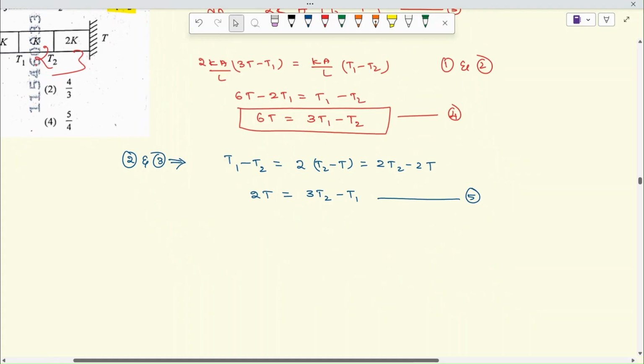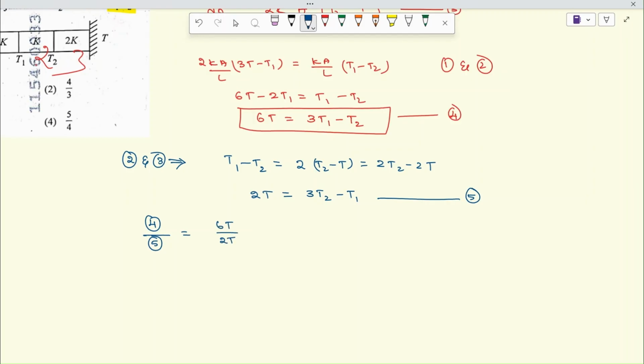Now observe equations 4 and 5. We have T1, T2 terms. You can simplify this one to obtain their ratio. Okay. Now I'm writing equation 4 by equation 5, which is 6T by 2T is equal to 3T1 minus T2 by 3T2 minus T1. And simplifying this, you can cancel this one as 3 now.